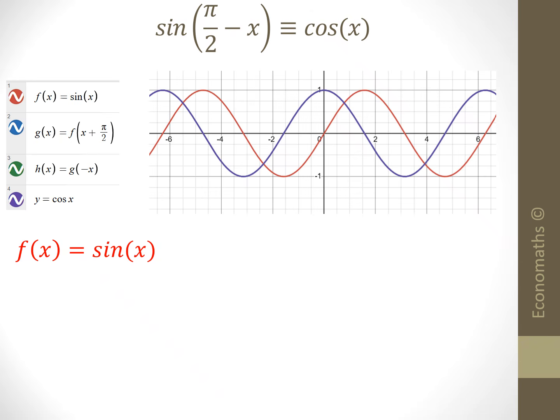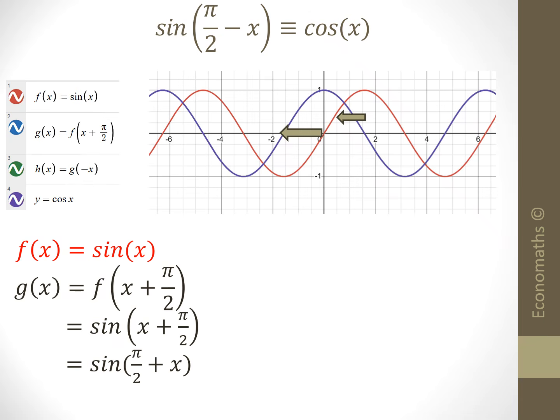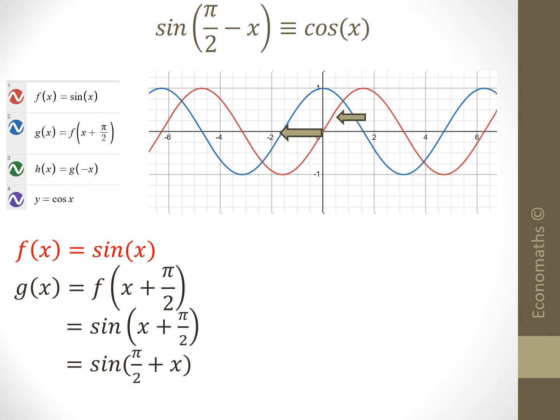Starting with the red f of x sine wave, we're applying our 90 degrees shift to the left. Desmos only works with radians, so pi by 2 radians is the same as 90 degrees.